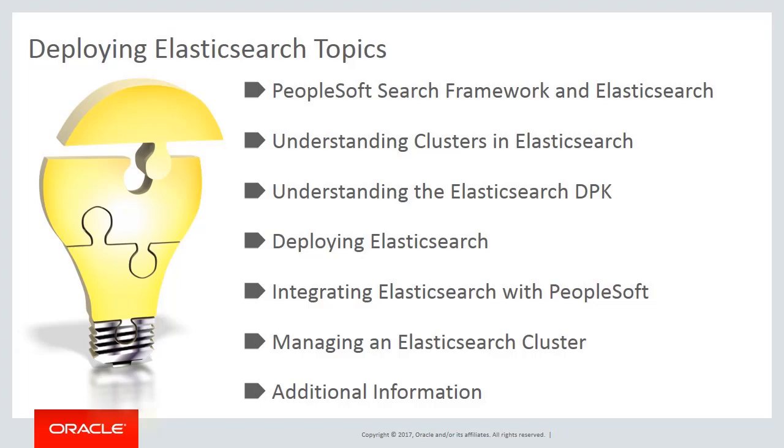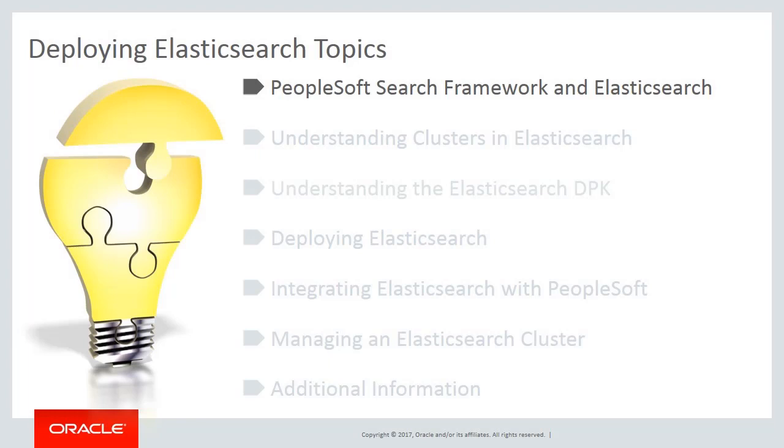The Integrating Elasticsearch with PeopleSoft topic takes you through the steps of configuring PeopleSoft search framework with Elasticsearch using the ACM plugins and PIA. The Managing an Elasticsearch cluster topic discusses tasks that help you manage a cluster. And the final topic, Additional Information, lists the resources for more information about the Elasticsearch framework and the PeopleSoft search framework.